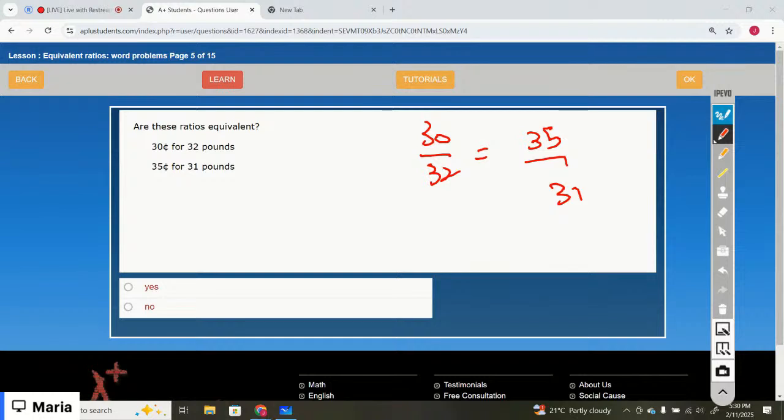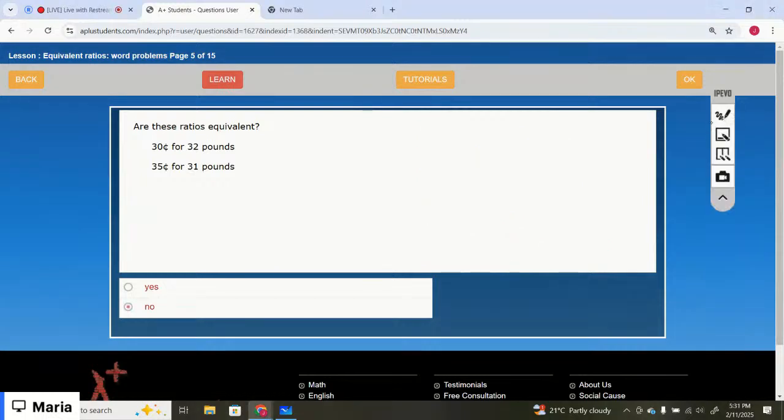Let's just do the cross multiplication. That is 30 times 31, that is 930. 35 times 32, that is 1120. So no, they are not equivalent. The correct option is no.